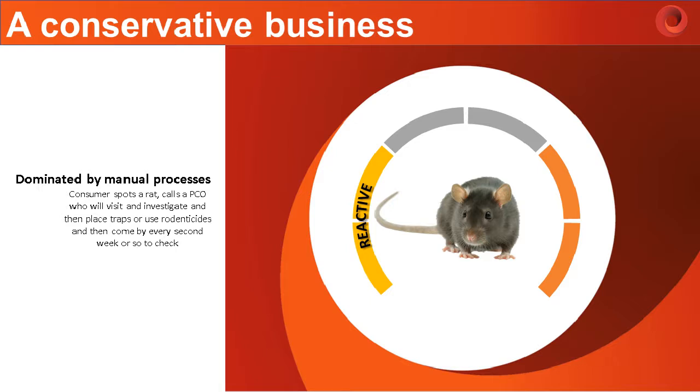The consumers and the customers start to expect this one-day shop, one-day delivery experience that they get with companies like Amazon. And in that experience, they get used to being communicated to and kept informed through automated digital processes. But that is not the experience that today is delivered by the pest control industry.